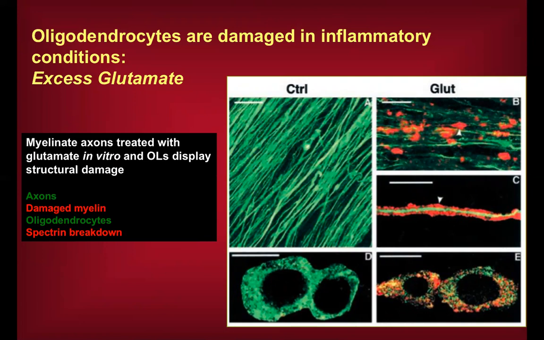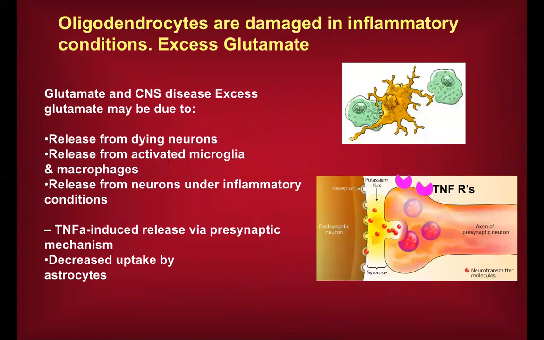And so we see this pathology in a lot of different conditions, including multiple sclerosis, where you see inflammation, immune cells, oxidative stress, and excess glutamate. This is also tied to glutamate, and the idea that glutamate can also activate some of the immune pathways.